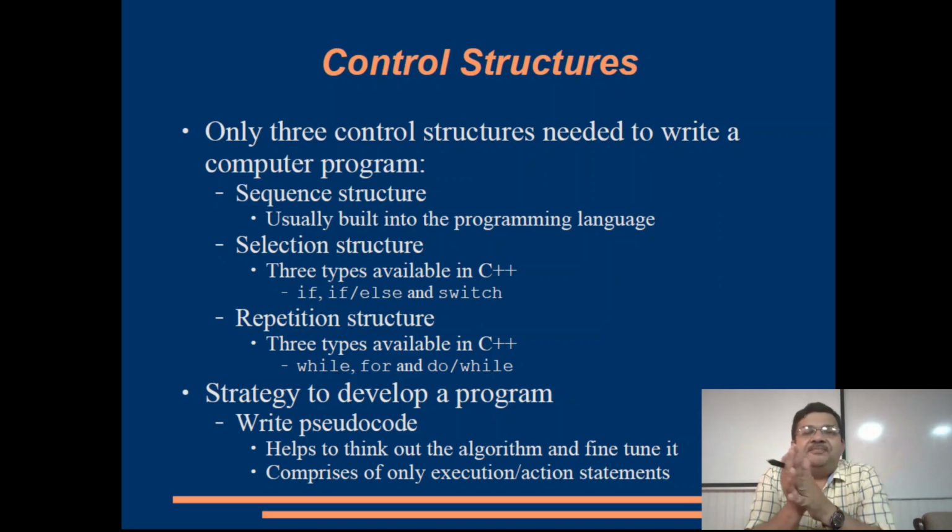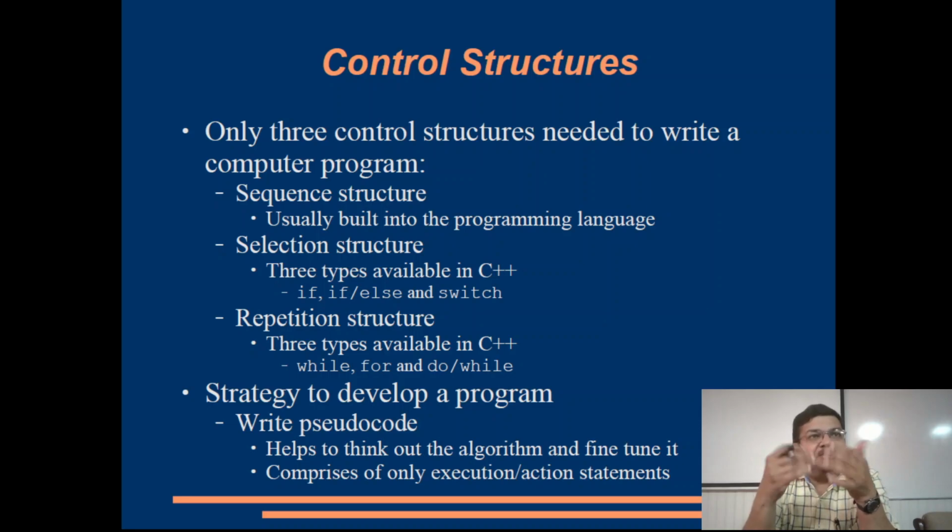So only 3 control structures are needed to write a computer program. You can solve any problem by using 3 features. One is sequence or flow of instruction.